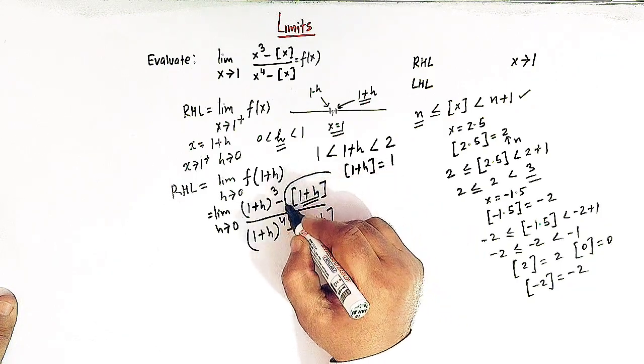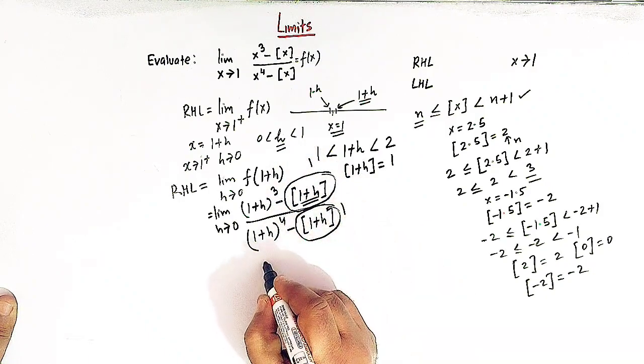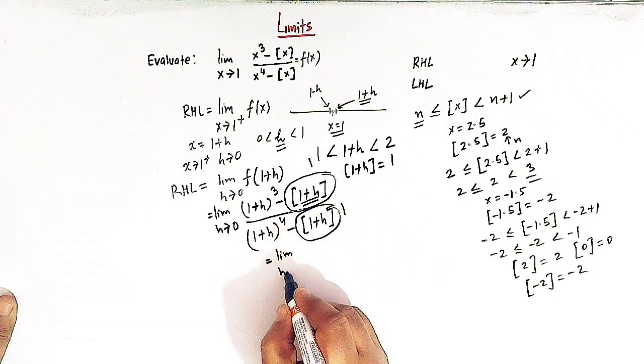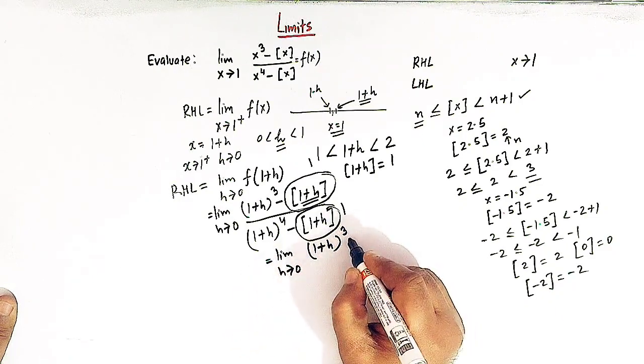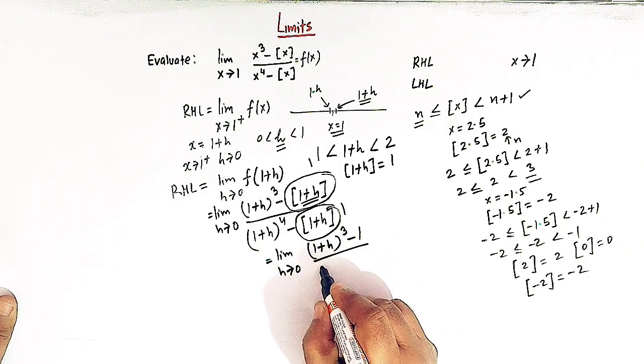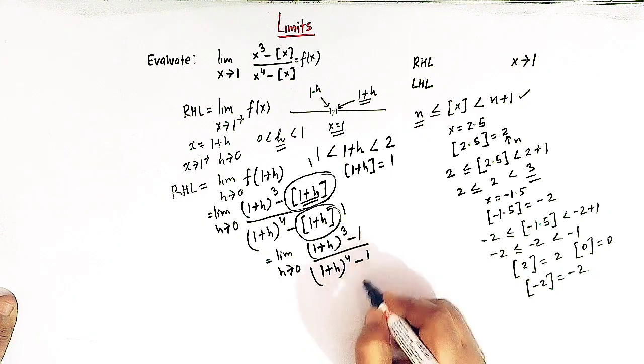So replacing this quantity by 1 and this quantity by 1, we can now write limit h tends to 0, and we have (1 plus h) cube minus 1, and here we have (1 plus h) raised to 4 minus 1.